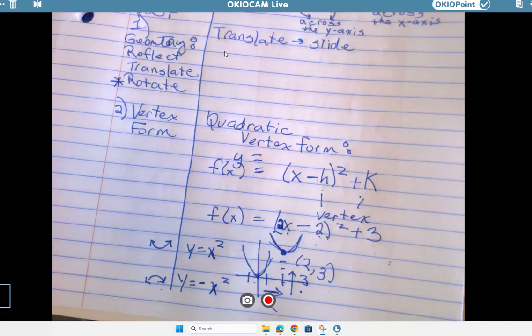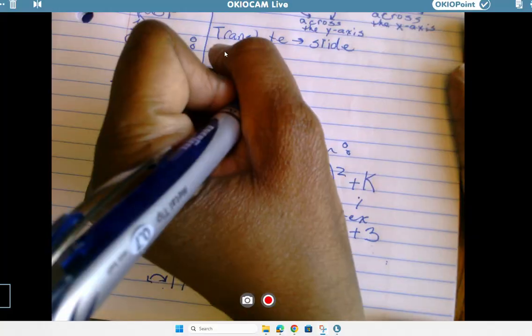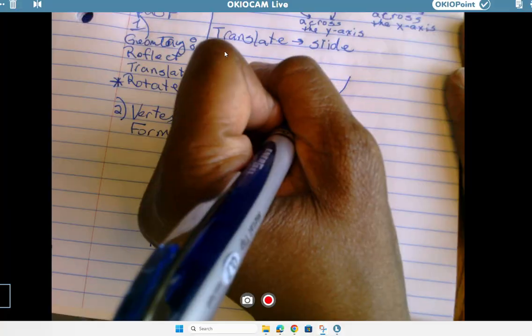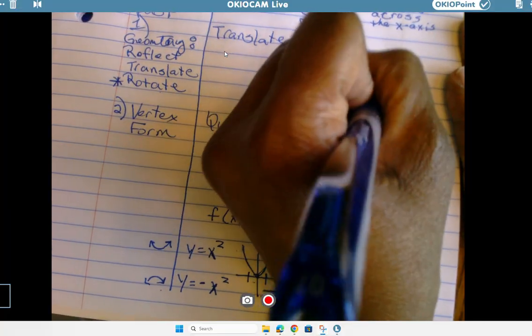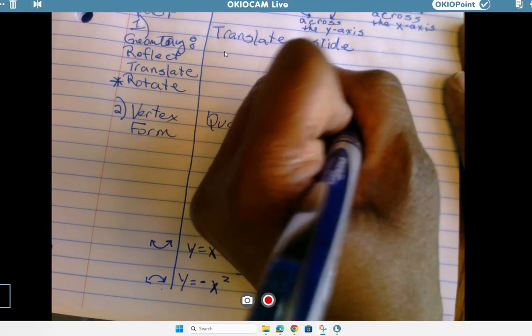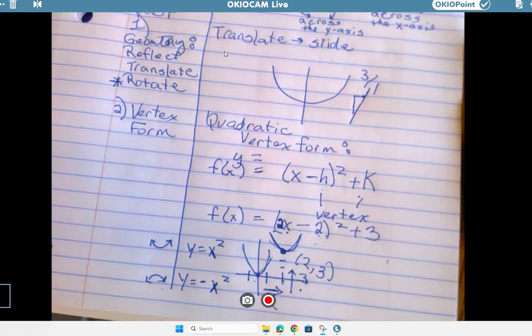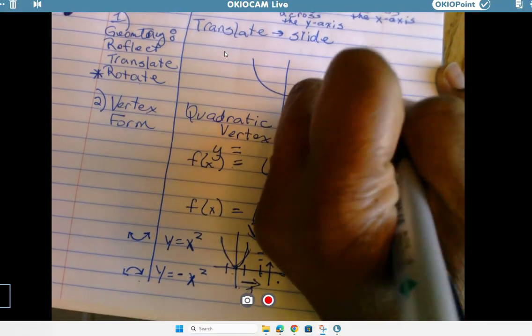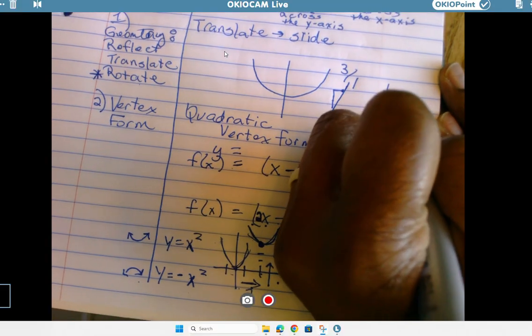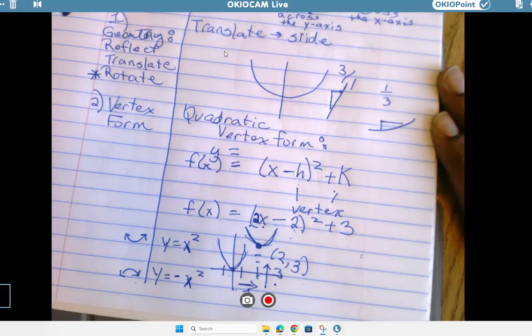Remember, if the number was like 3 or higher, let's see, how did we do this? If the slope is 3, then that's 3 over 1. So that means you need to rise 3, 1, 2, 3, run 1, and it's a very steep line. If the slope is 1/3, then that means you rise 1 and you run 3, and the slope is not as steep.